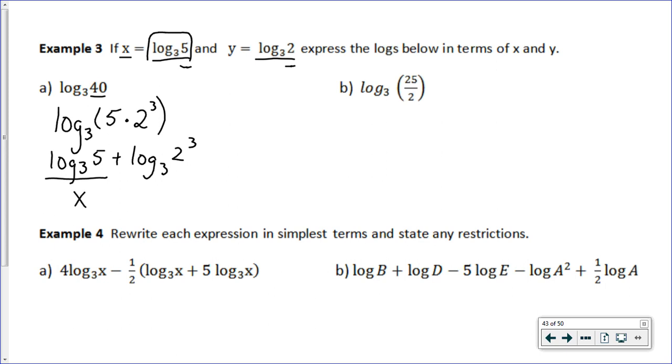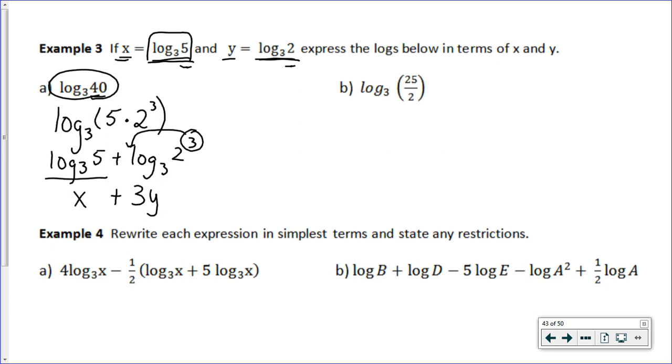And here, this is almost y, except I have this exponent that I don't have over here. So I'm going to have to drop that down in front and get plus 3y. So in this case, if log base 3 of 5 is x and log base 3 of 2 is y, then the log base 3 of 40 would be x plus 3y.